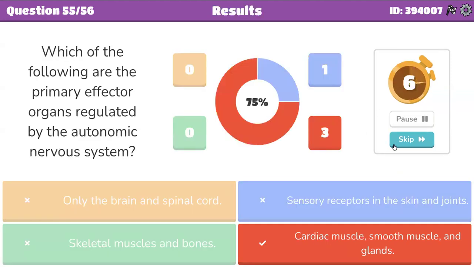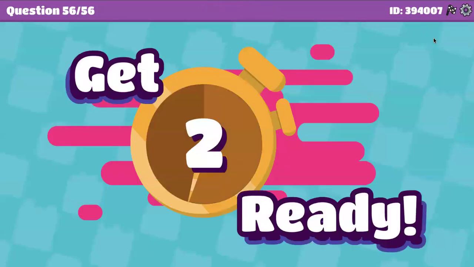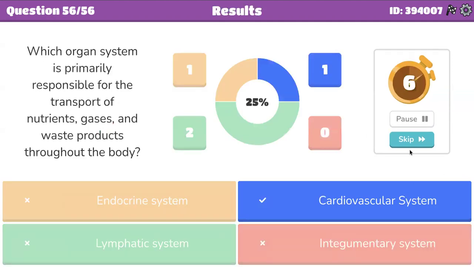Cardiac muscles, smooth muscles, and glands. Which organ system is primarily responsible for the transport of nutrients, gases, waste products through the body? Cardiovascular system.